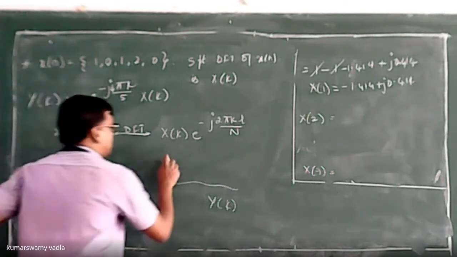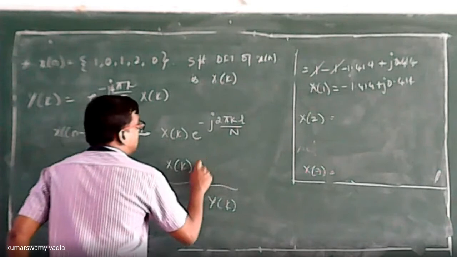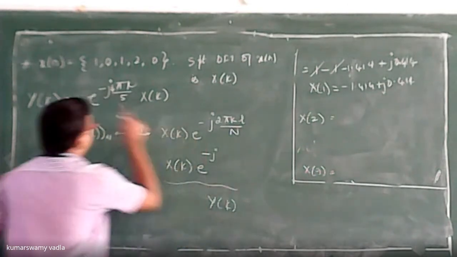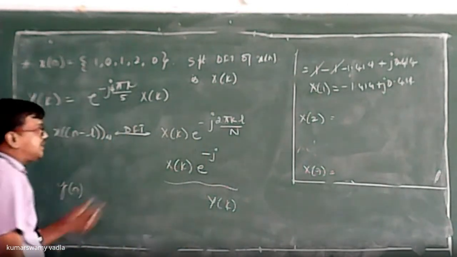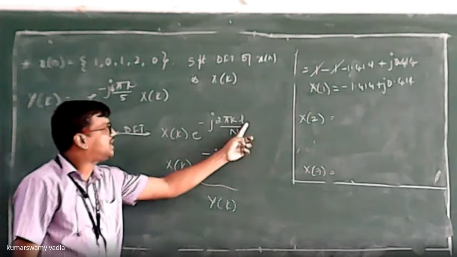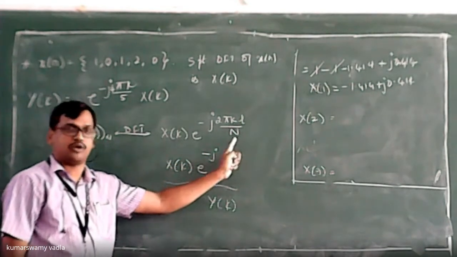So what is that? X of k e power minus j, 4 pi k divided by 5. I am altering the values of k, L, n, so please look onto the board.